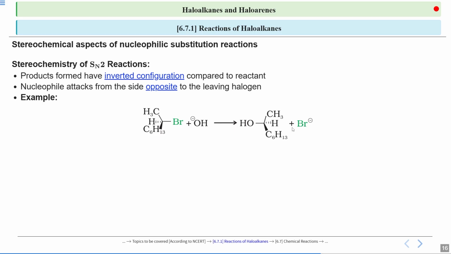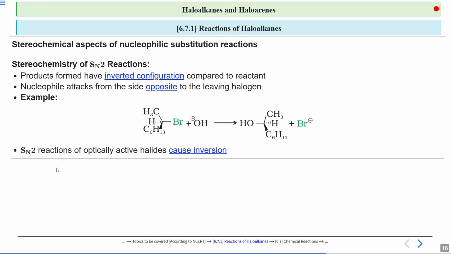This is a single step reaction, and due to the back attacking of the nucleophile on the carbon, the configuration you get for the product is inverted from the reactant configuration. So SN2 reactions of optically active halides cause inversion of the compounds.